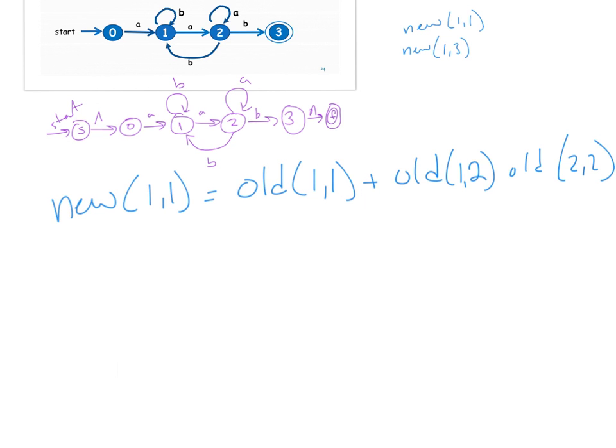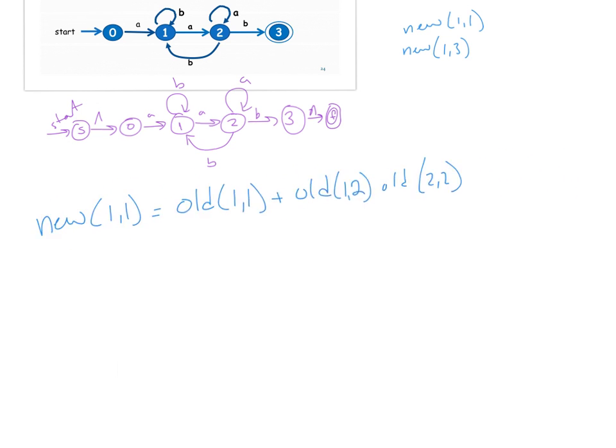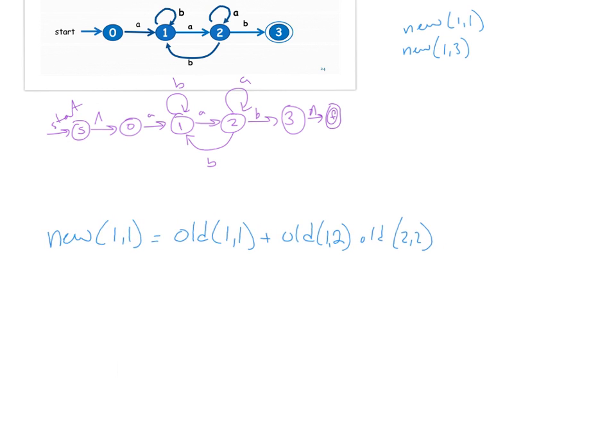Maybe that's a bit big, so let's shrink it a little bit so I can fit stuff in here. So we have times the old 2, 2, which we need to star, times the old 2, 1.